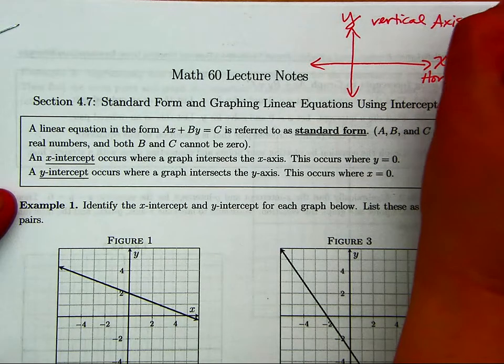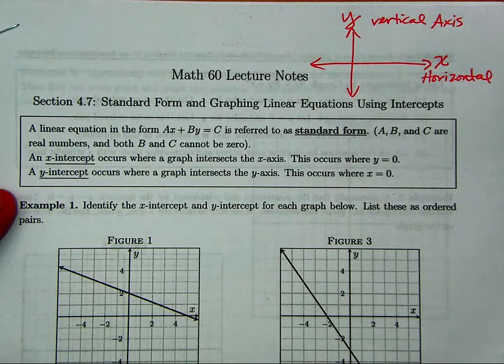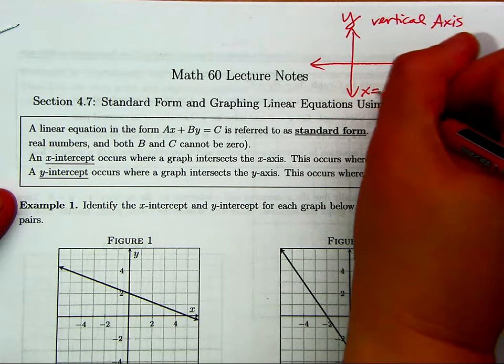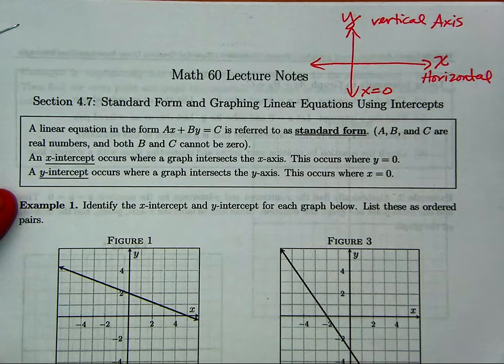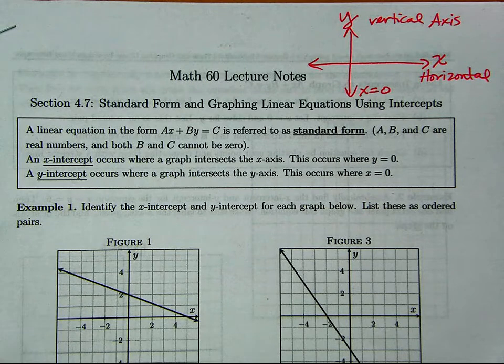Good, horizontal. Who can tell me what the equation of the y-axis is? What is true about all of the points on the y-axis? X equals 0. I want you to memorize that. X equals 0 is the equation for the y-axis. So if the y-axis committed a crime, its alias could be x equals 0.